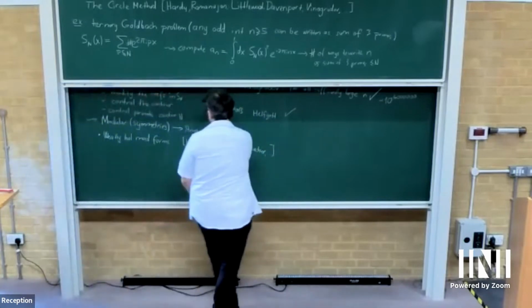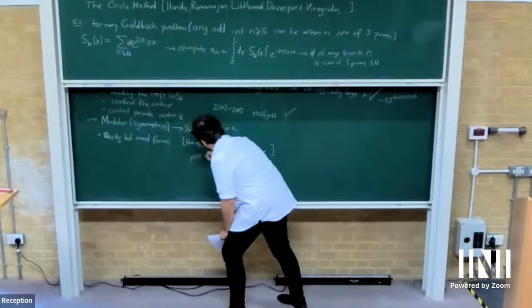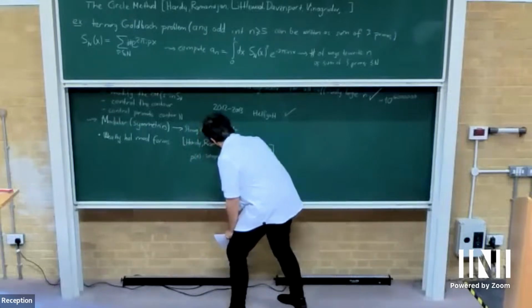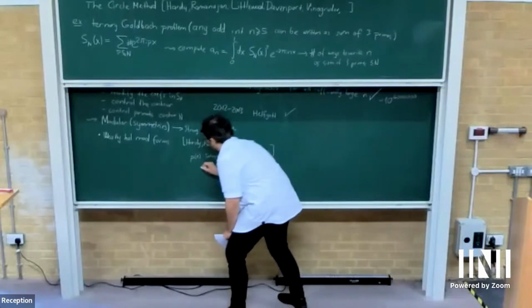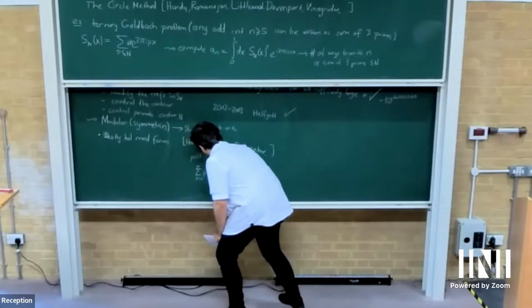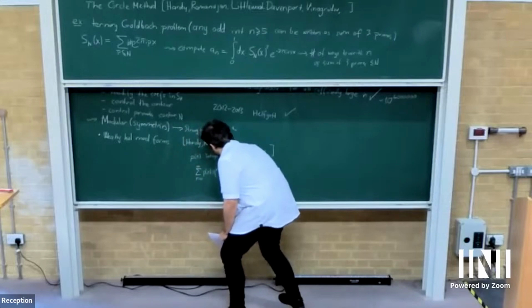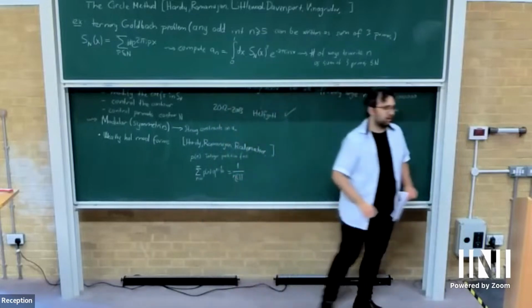The original problem Hardy and Ramanujan looked at was computing the integer partition function. And the generating function for this is well known to be a modular form given by the Dedekind eta function.